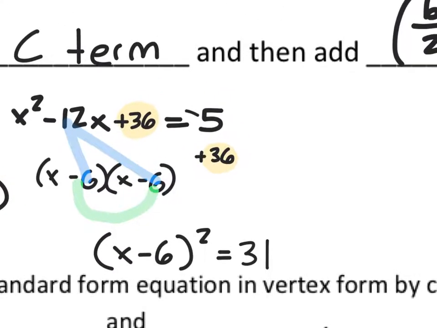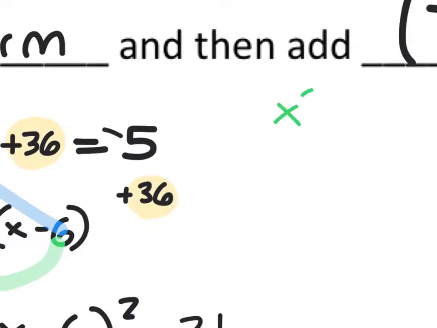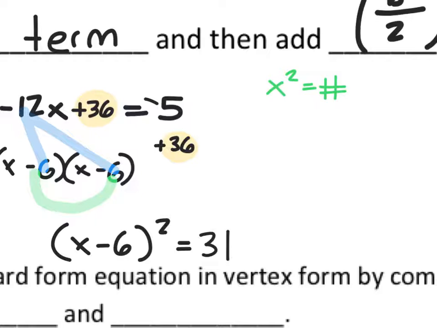So remember from the square root method that the goal is to get x squared equal to a number. All right, and we've done that. Now ours is a little more complicated because it's a whole term that's being squared, but the concept is the same.